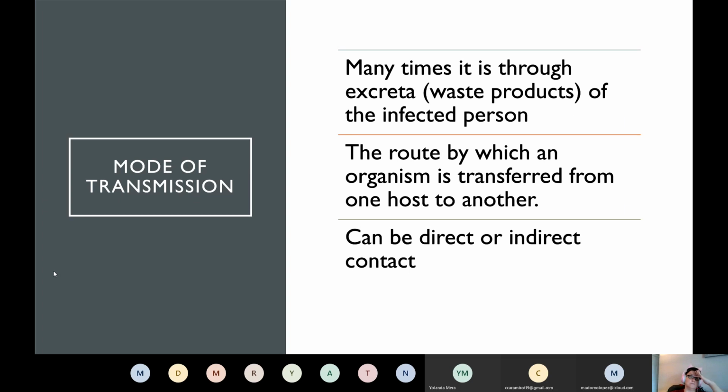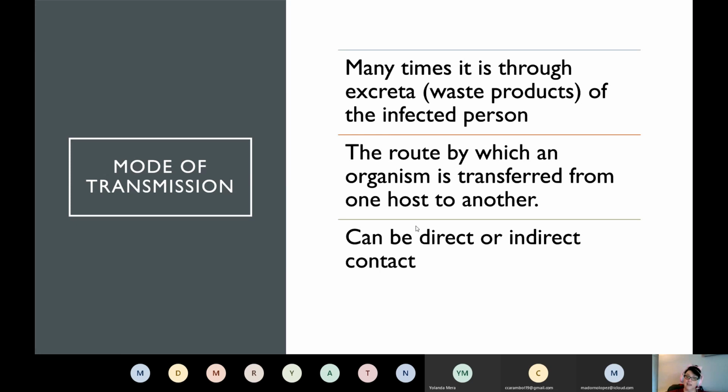The mode of transmission, all right? These kind of intertwine, and I know some of them seem very closely related. A lot of times this is through waste products of the infected person. It's a route by which an organism can be transferred.